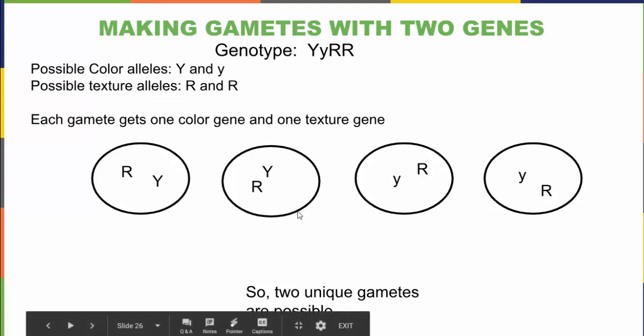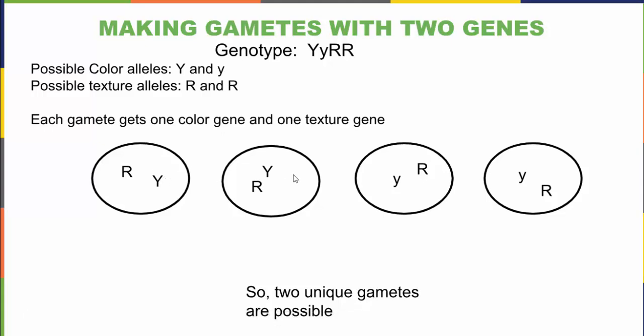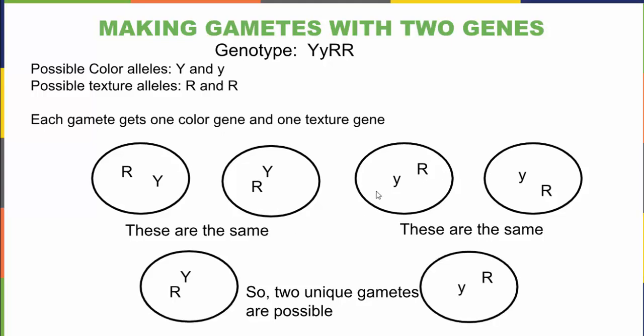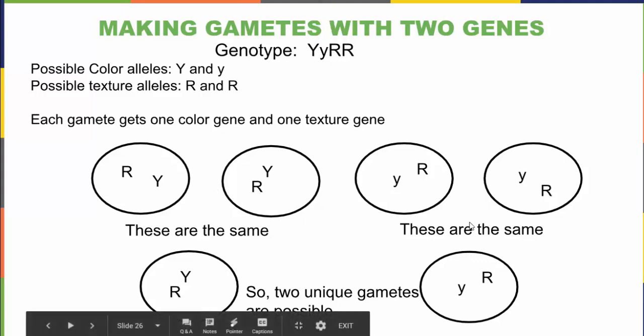Because some of these are redundant, the first 2 are both big Y with big R, and the second 2 are both little y with big R, there are 2 unique gametes that are possible. So of this genotype, we could either have big Y, big R, or little y, big R. Those are the two gametes that this individual can make.